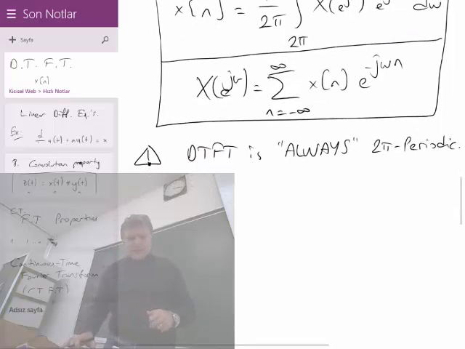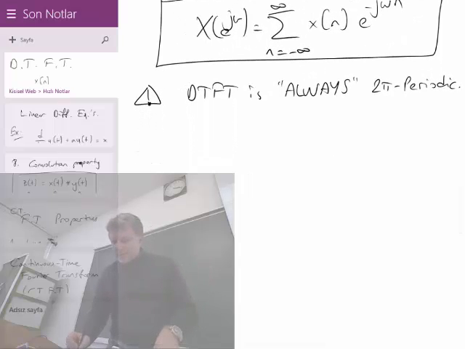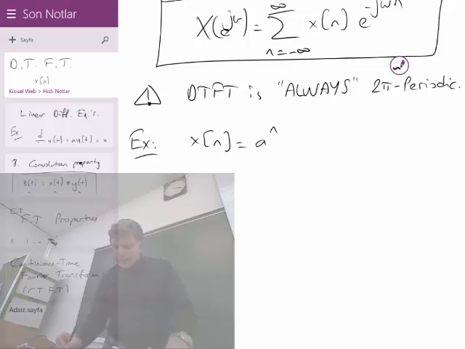Now let's see one trivial example, the first discrete time Fourier transform example, and see whether that is the situation or not. Will this formula give us what we expect? x of n is equal to a to the n u of n, where a in magnitude is less than 1.